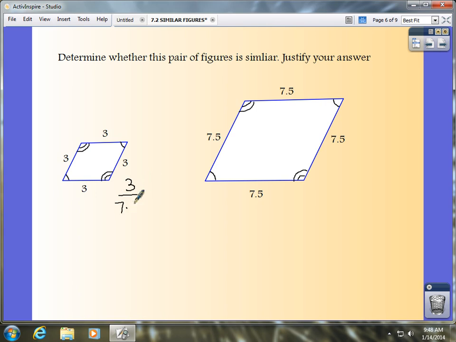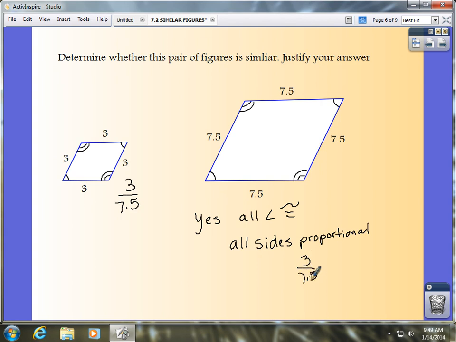So yes, all angles are congruent, and all sides are proportional. They're all 3 over 7.5. Okay, this pair of polygons is similar.